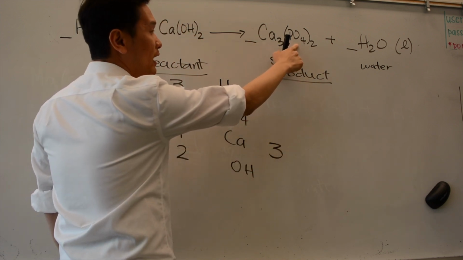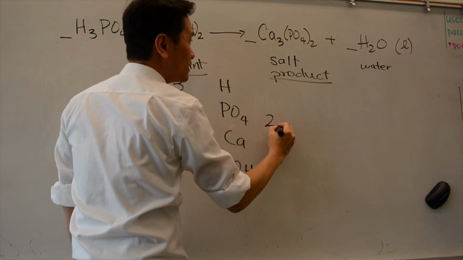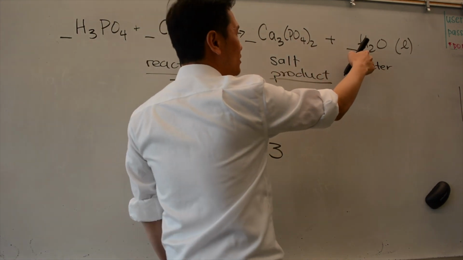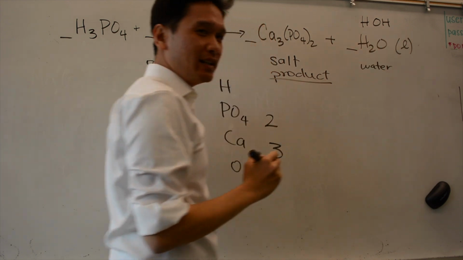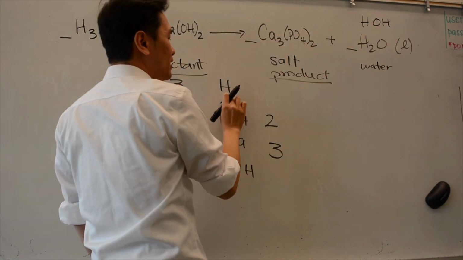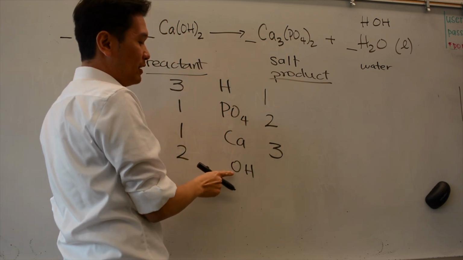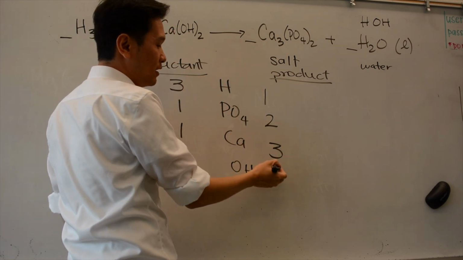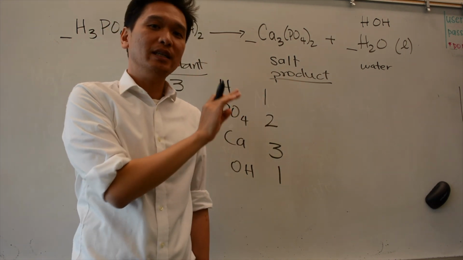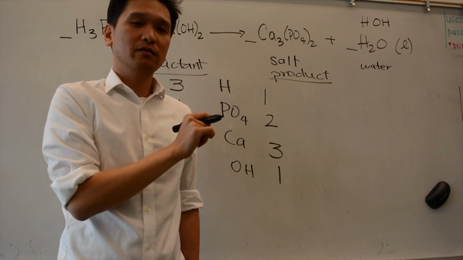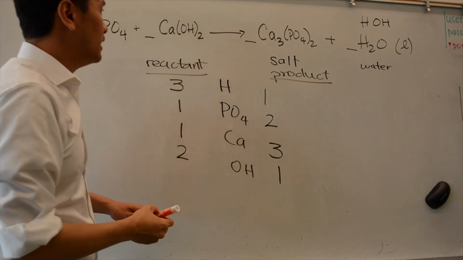How many phosphates do we have? 2 phosphates. Now remember, water can be written like this, or it can be written in a funky way like that. So it's easy to see how many hydrogens we have: 1 cationic hydrogen. How many hydroxides? We have 1. I like to separate water out like that when balancing acid-base reactions to make it easier. Okay, so let's do our accounting here.